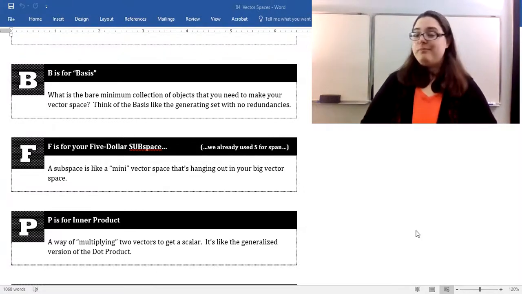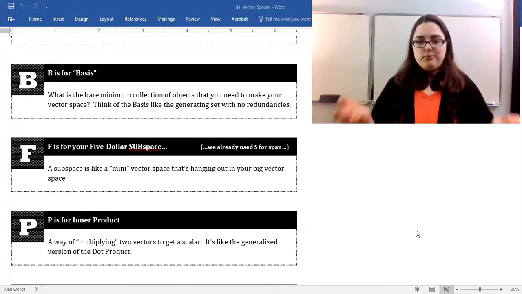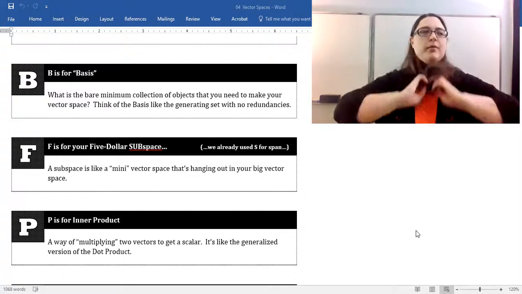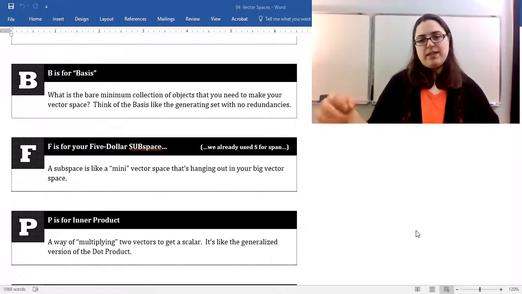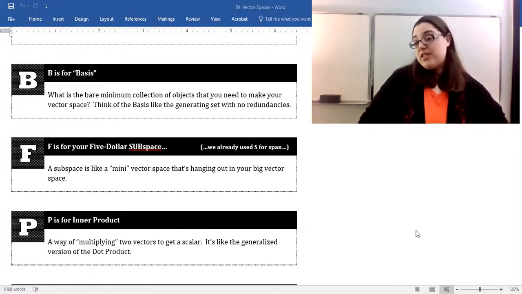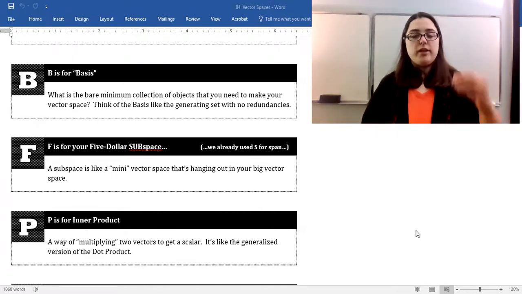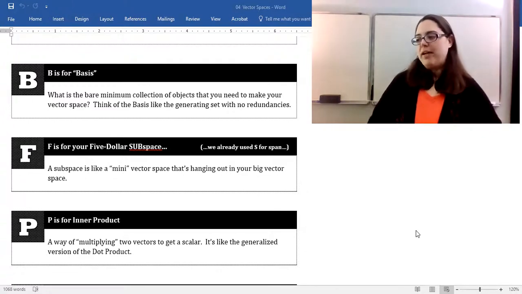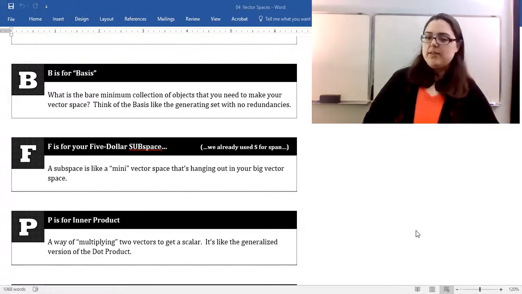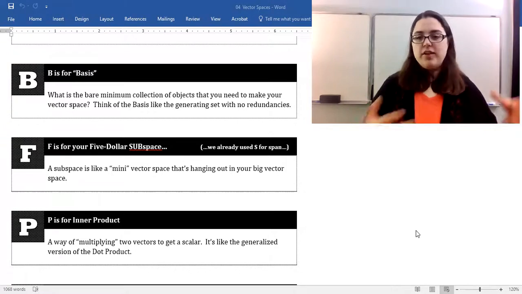For example, maybe in my Lego universe, the vector space is all of those brick Legos, but I could have a subspace of even by even Legos. It's got 2x2s, it's got 4x2s, it's got 8x8s, but it doesn't have any odd things in it.